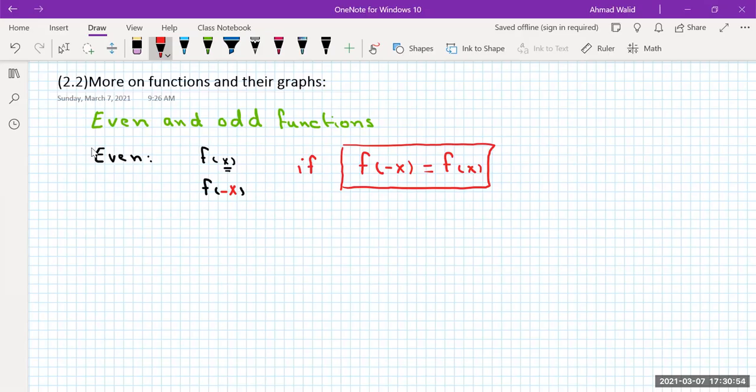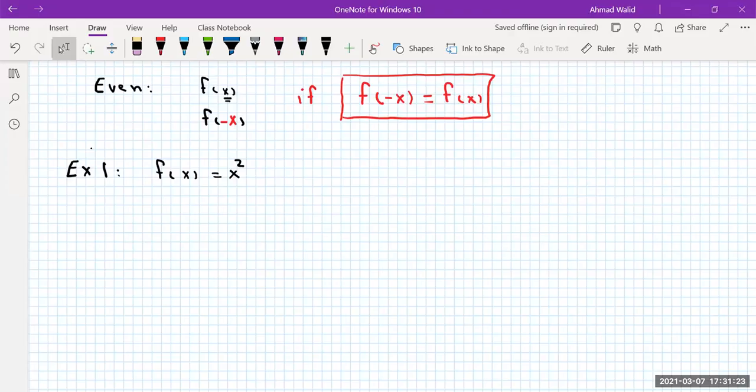Let's do an example to check this. For example, number 1, f of x, I will start with a very easy one. f of x equals x squared. Maybe this one, everyone knows that it's even. But if you don't know whether this function is even or odd, let's check if this function is even. How?